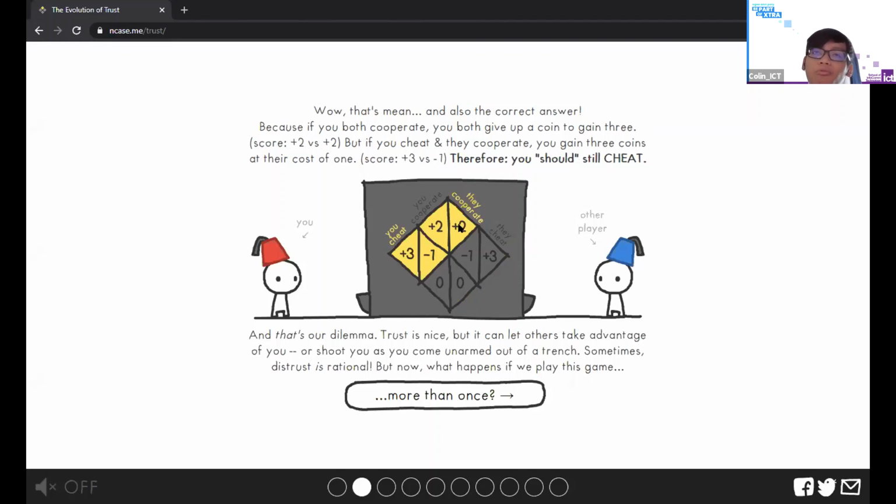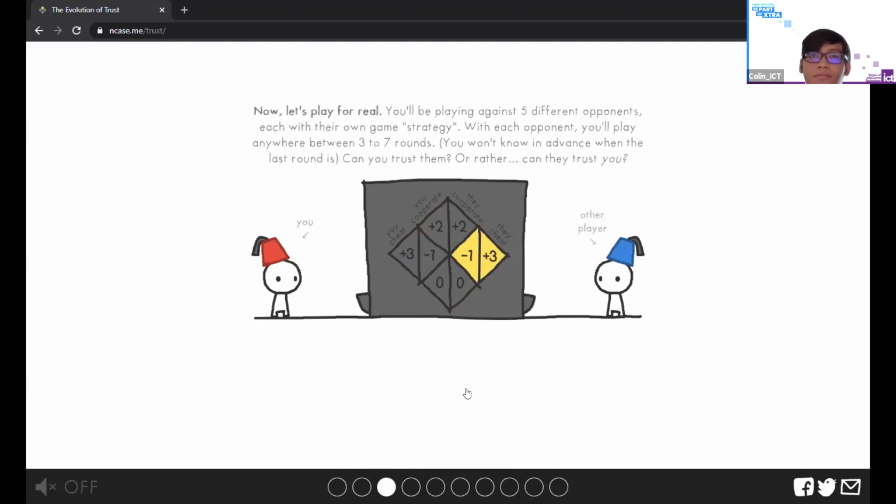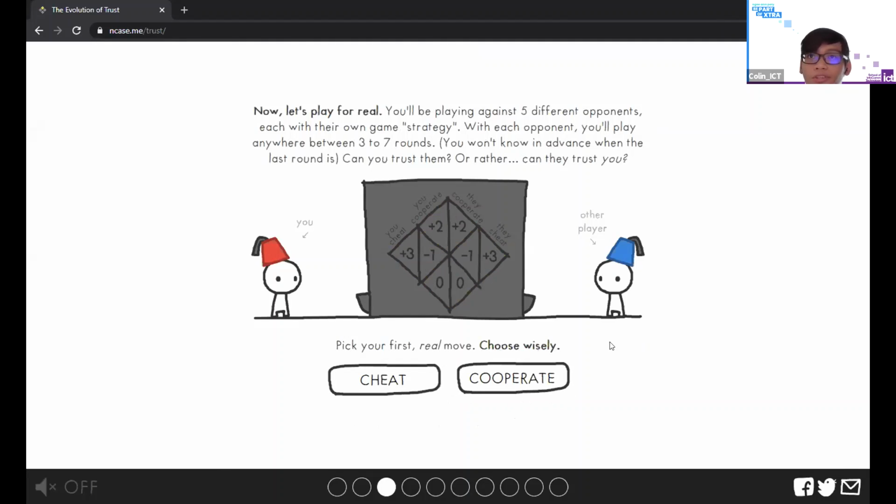But each side would not gain as much as if they cheated and the other player cooperated. So I think you roughly get the idea. It's similar to the Volunteer's Dilemma. Now we're going to go through some of the characters' playstyles and decide if they are going to cooperate or cheat.